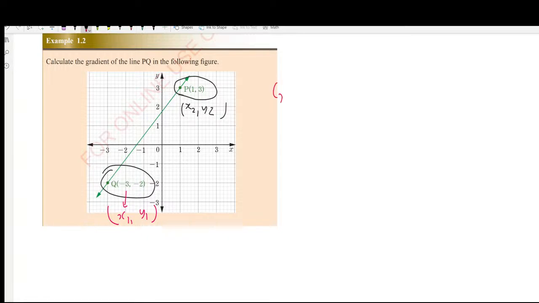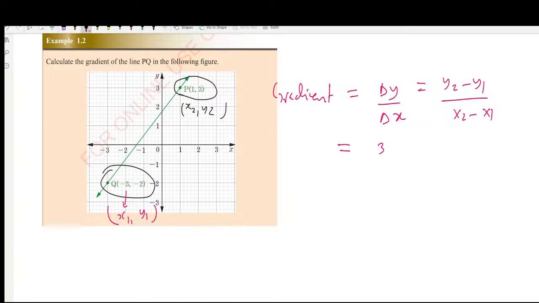So we know that our gradient is change in y over change in x, which is y2 minus y1 over x2 minus x1. So it means the gradient, dear students, will be y2, which is 3, minus -2, divided by 1 minus -3.